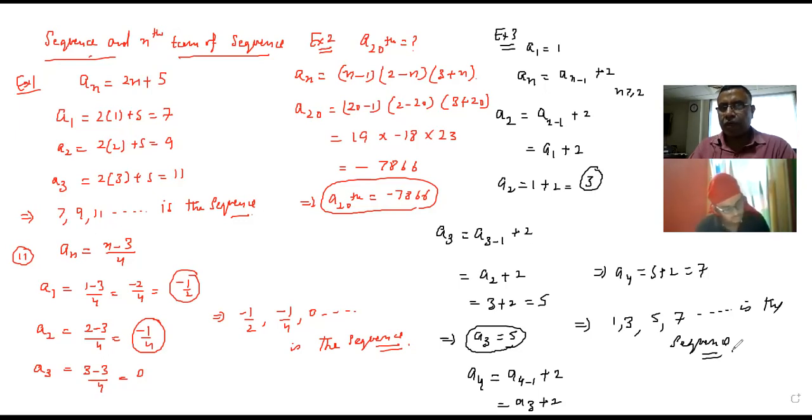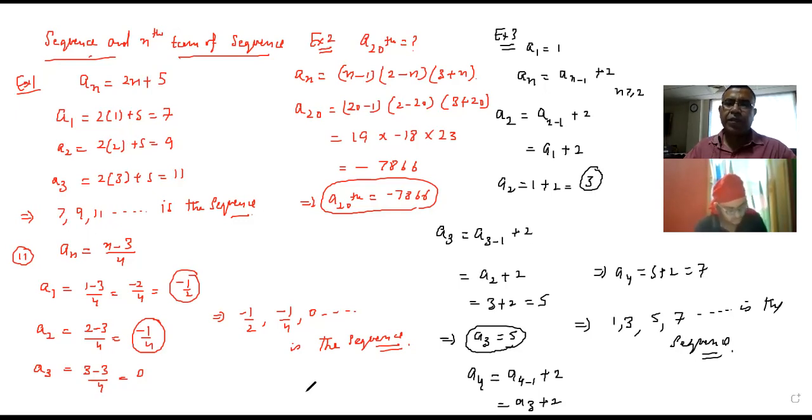We are going to start with the next topic, AP, which we have already discussed in class 10, but in grade 11 the difficulty level of the questions will be raised.